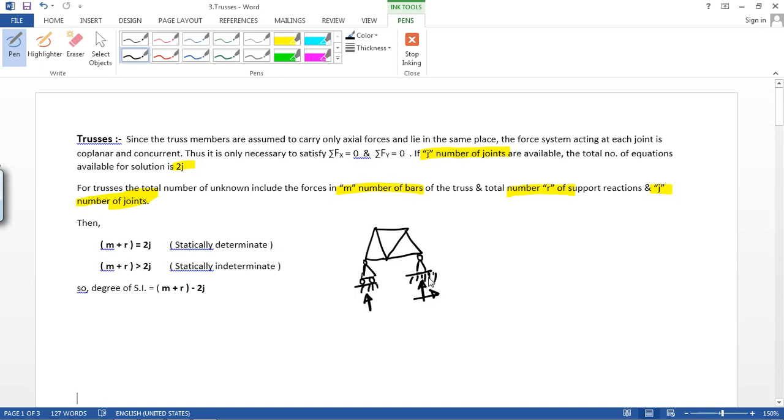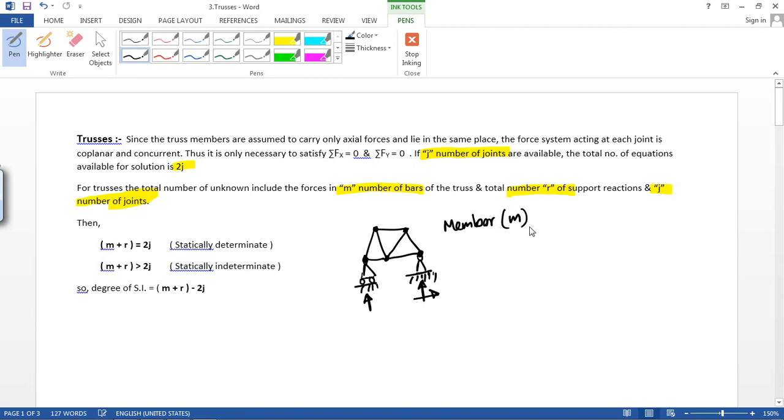It is a hinge support, it is a roller support. These are the joints.